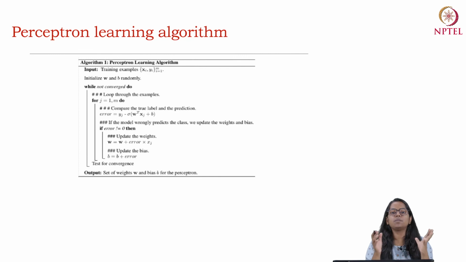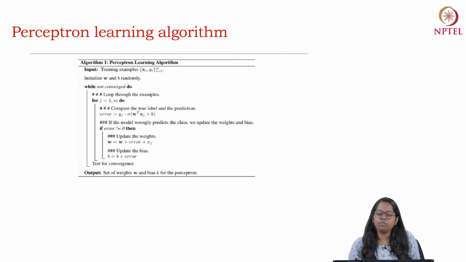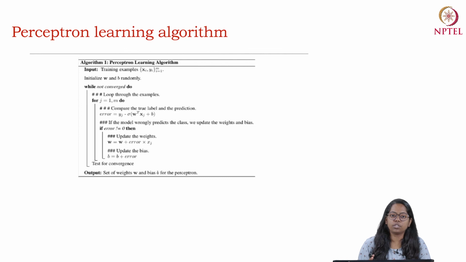Then we have the perceptron learning algorithm. This perceptron takes real values as input. It has an activation function which converts the weighted sum of the inputs into the decision that we want, either 0 or 1.